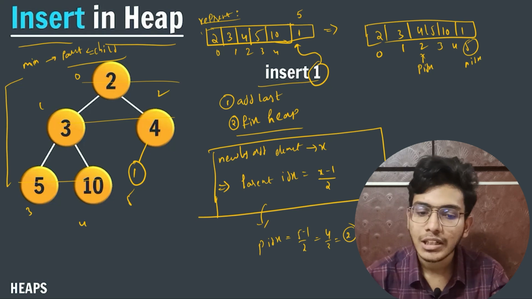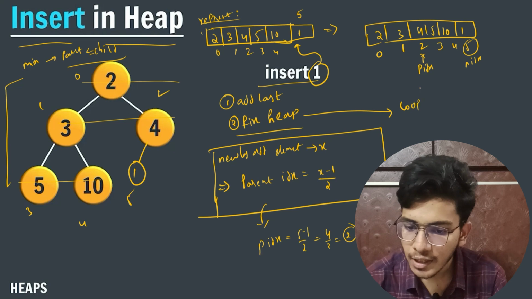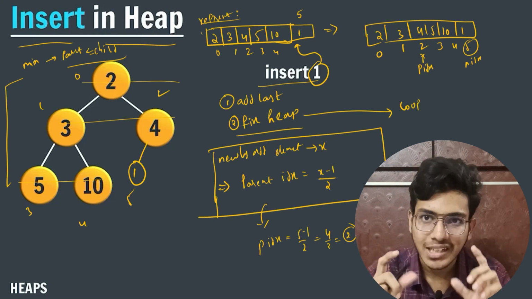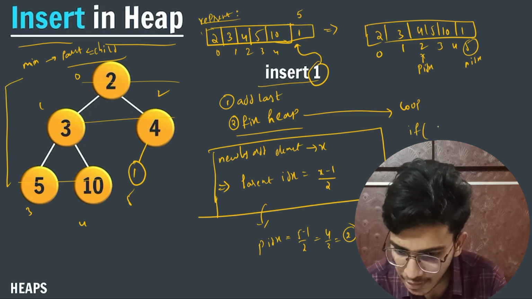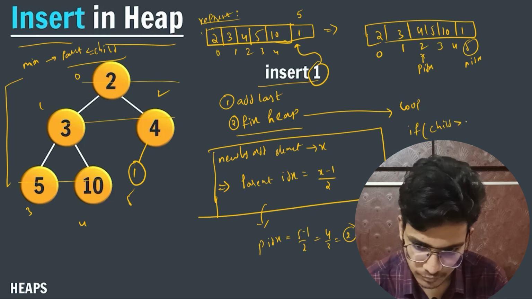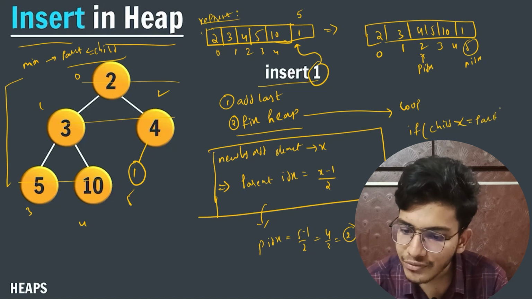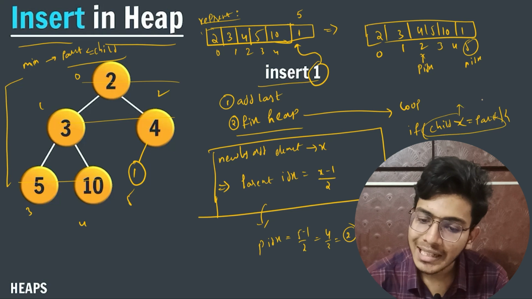Now, to fix the heap, I will run a loop and check the parent and child values. In a min heap I know the condition: if my child value is less than or equal to my parent value, then I need to fix my heap.